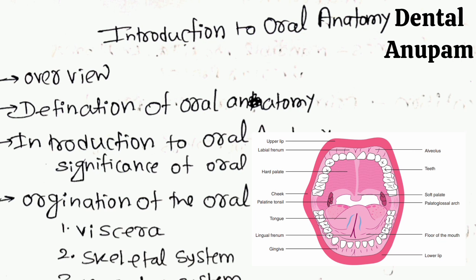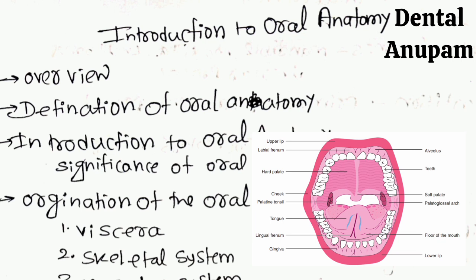The soft tissue unit of our oral cavity includes the tongue, palate, lips, gingiva, cheeks, and salivary glands.